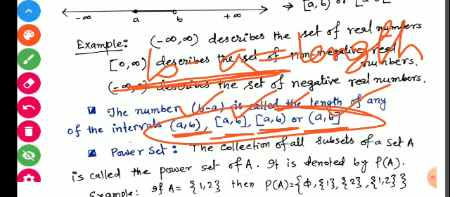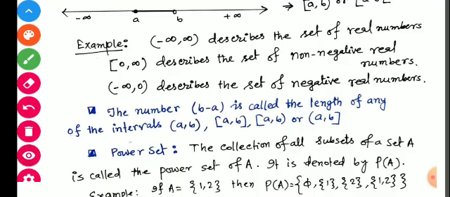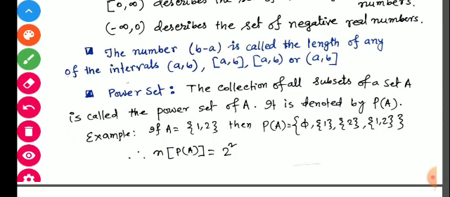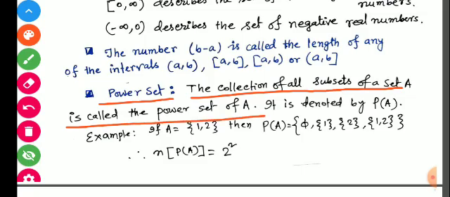So remember that one. Now we are going to power sets. What is a power set? The collection of all subsets of a set is called the power set of A. Suppose A is a set whose elements are 1 and 2.